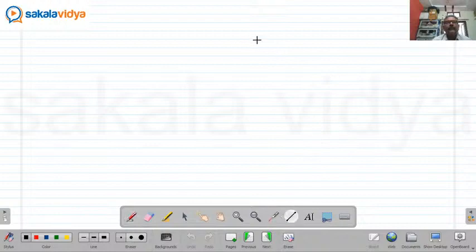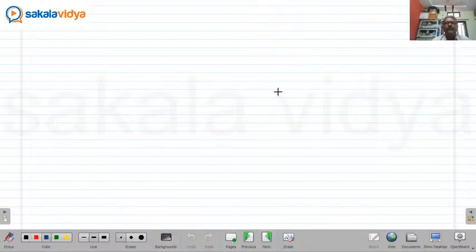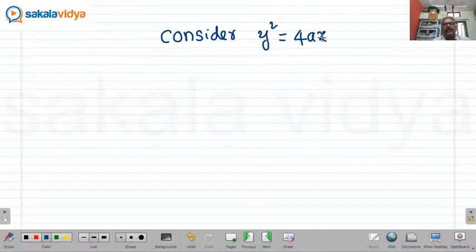Okay, take a parabola like this. For example, consider the standard form of the parabola, which is y square is equal to 4ax. Am I correct now? This is the standard form of a parabola equation.